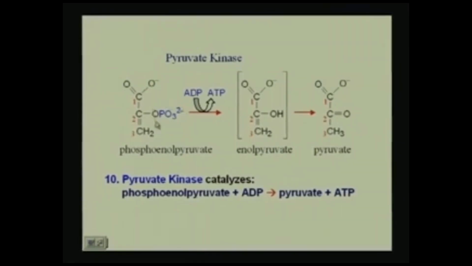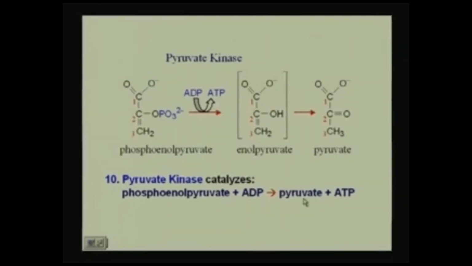It is taking the phosphate from phosphoenol pyruvate and giving it to ADP and forming ATP. The intermediate is enol pyruvate that actually then forms the pyruvate. So our last step is phosphoenol pyruvate plus ADP going to pyruvate plus ATP.